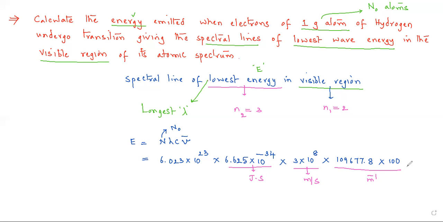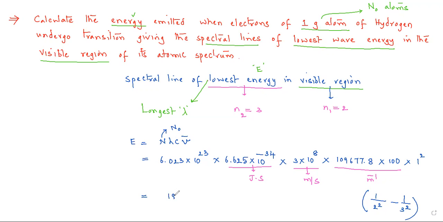Now this is anyway RH into Z square, 1 square multiplied by 1 by N1 square minus 1 by N2 square. This is what you have to simplify. Finally, your answer will be in joules.